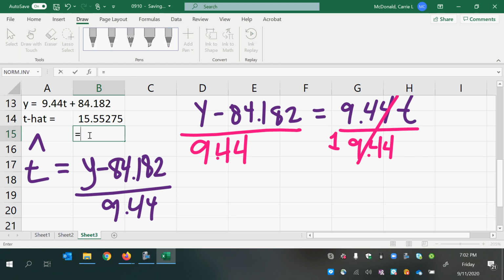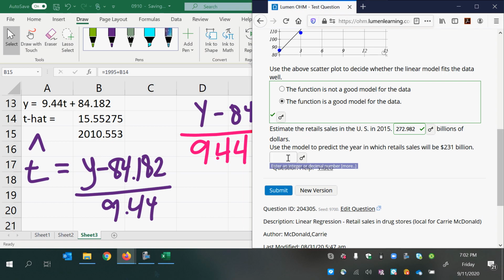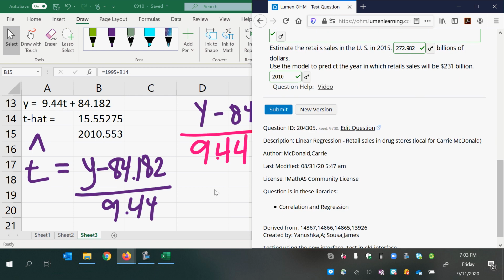Okay, so I'll take 1995 and add that number of years and find that I'm in 2010. Let's try that out here. All right, and that finishes that question. I hope that helped. Let me know.